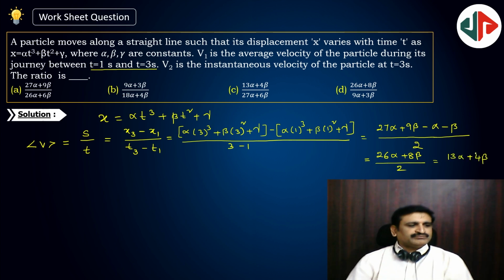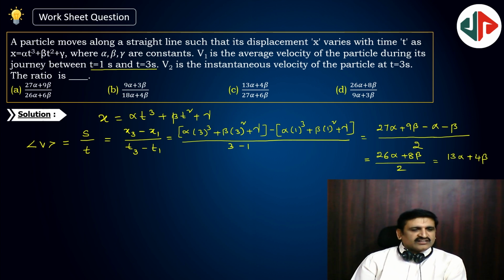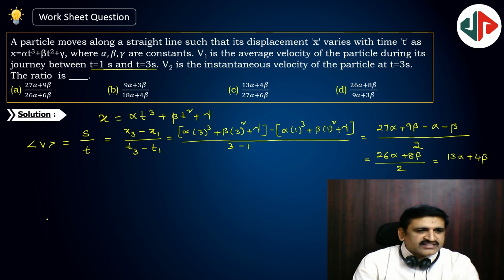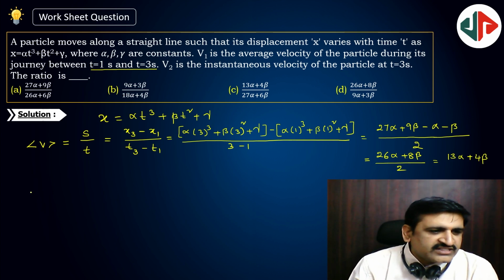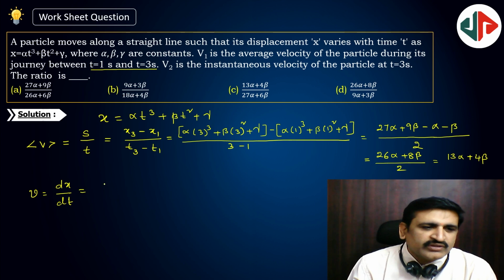Next, he is asking instantaneous velocity. Instantaneous velocity is nothing but dx by dt, the differentiation of x. So 3αt² plus 2βt plus 0.